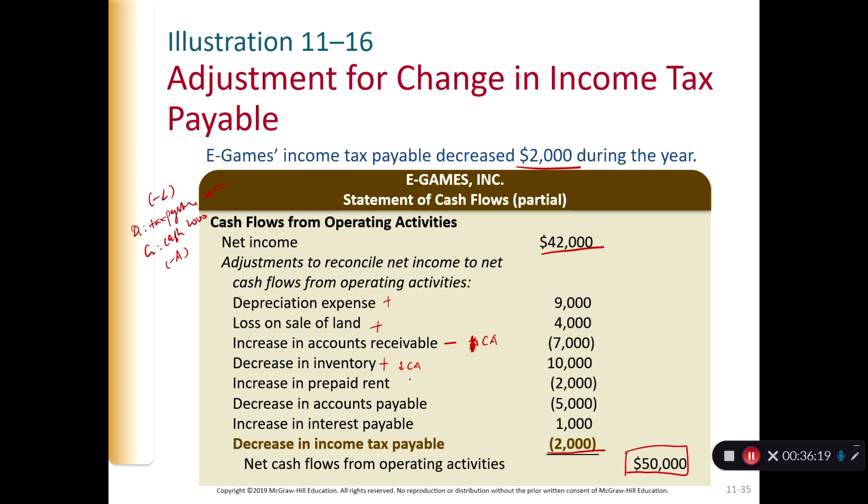And then we minus decreasing current liability. We plus increasing current liability.